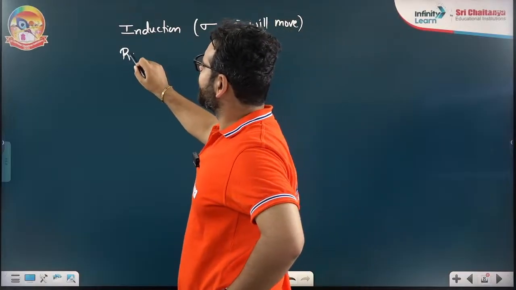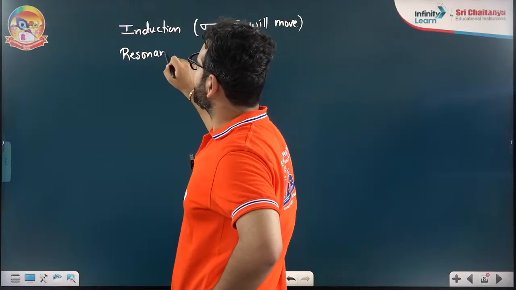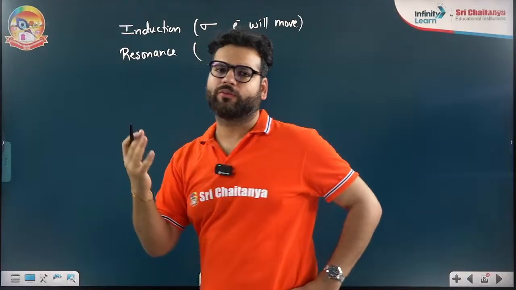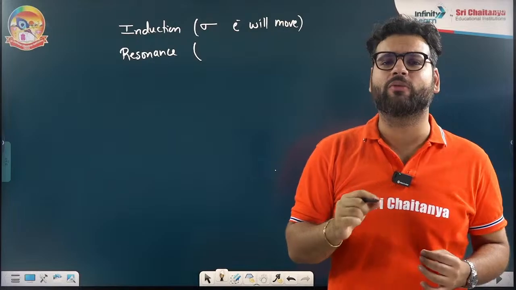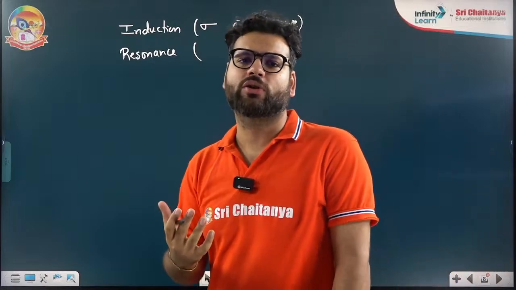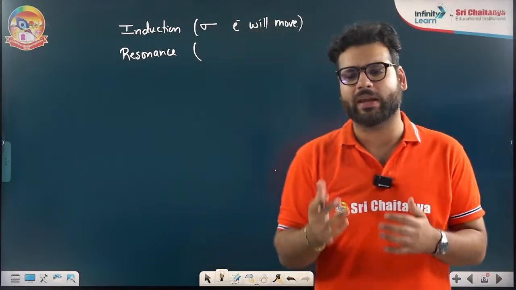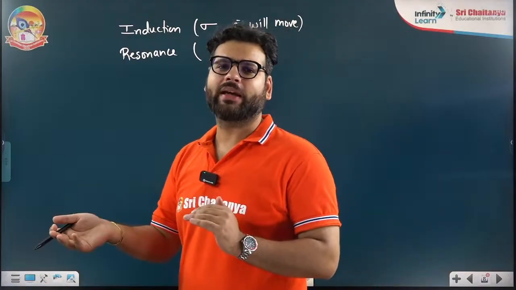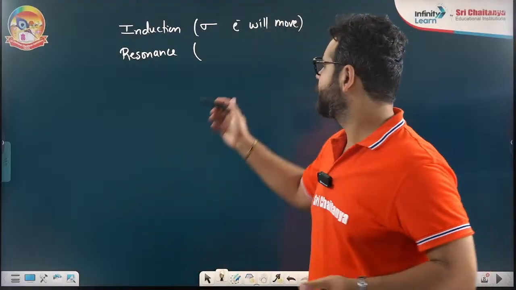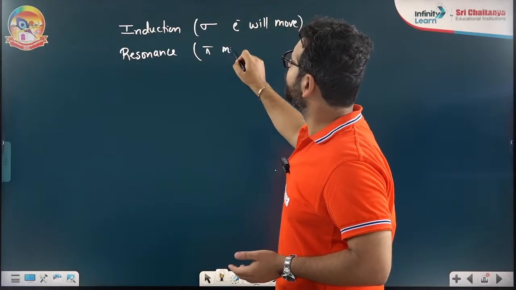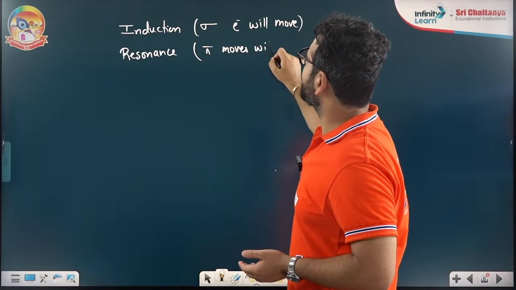In the resonance effect, sigma will never move or shift. Here pi electrons will move, that too in conjugation. Conjugation means alternate presence of pi. So whenever you have pi, nothing, pi, then pi electrons will move. So pi moves with alternate pi.